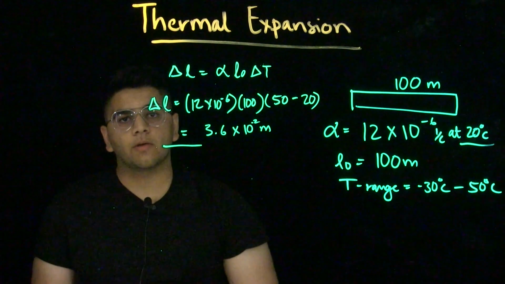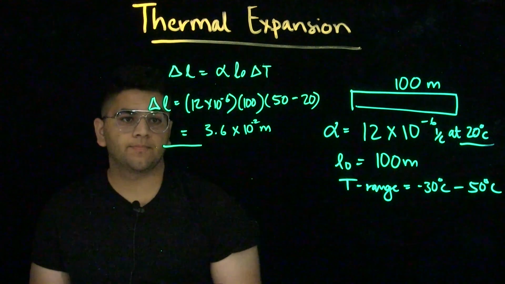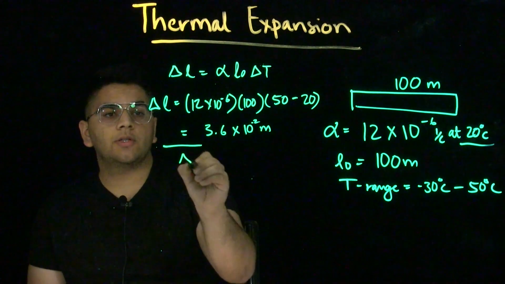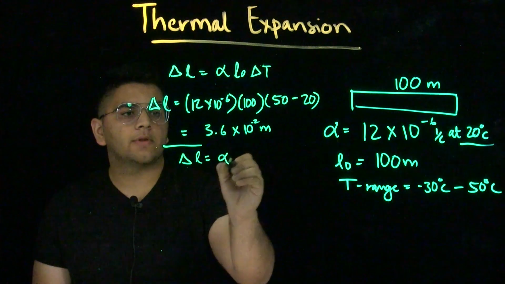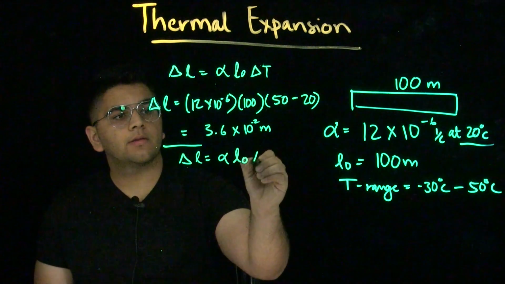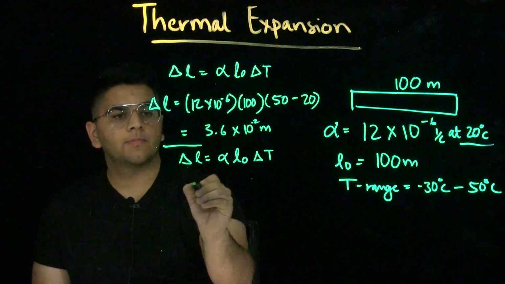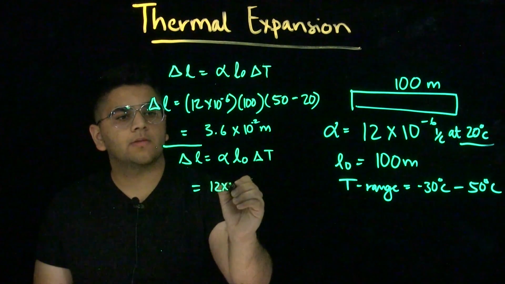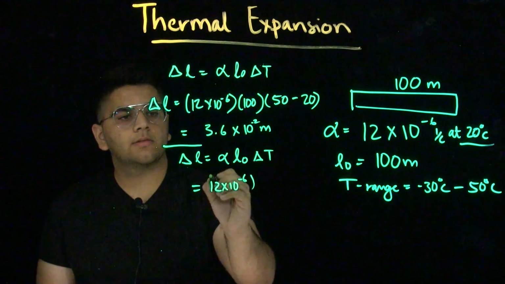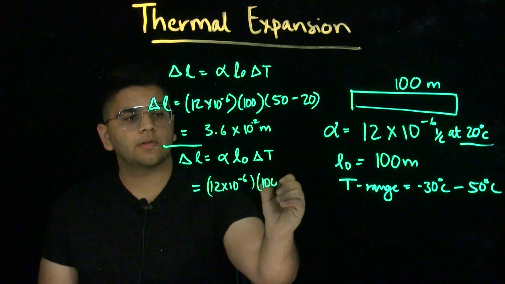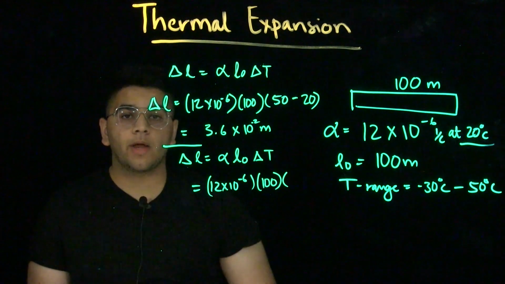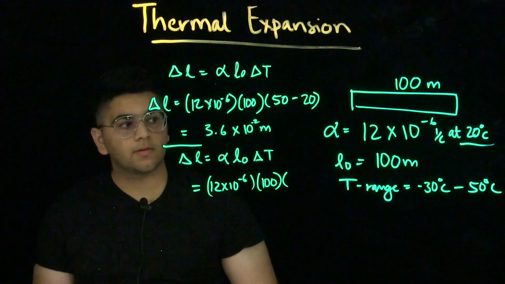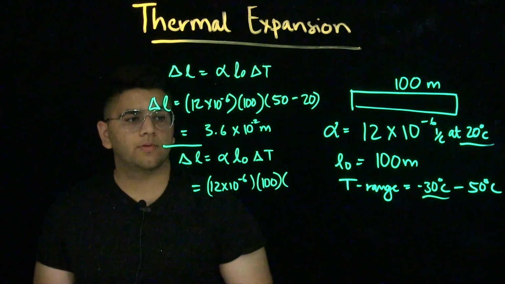Let's look at the lower bound, when the steel contracts. So the change in length is again alpha times the initial length times the change in temperature. Alpha remains the same, 12 times 10 to the negative 6, times the initial length, which is also the same. But now we're considering the steel contracting. So we're looking at the lower range.